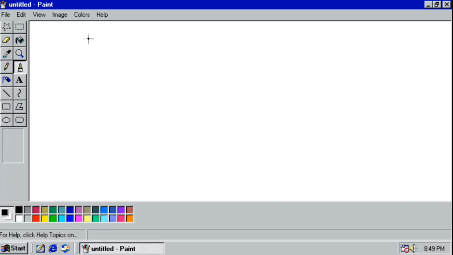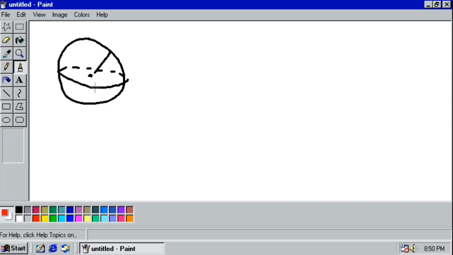So let's say we have a sphere. And this is the radius. Now, how are we going to find the volume of a sphere? The volume of a sphere is exactly 2/3 the volume of a right circular cylinder into which the sphere fits.